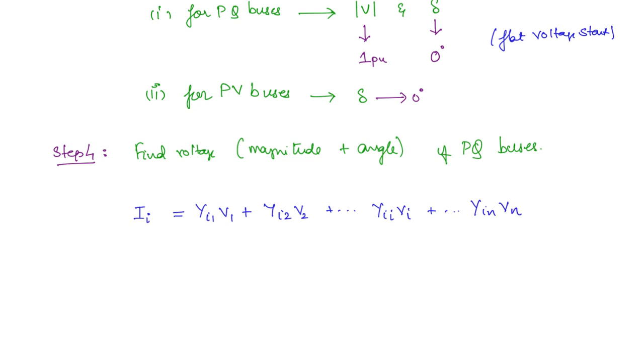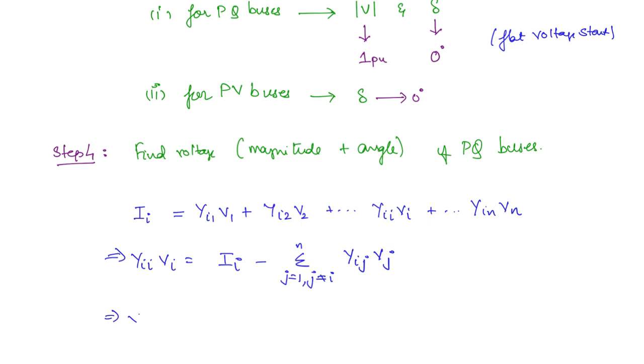Now this term Yii Vi, we want the voltage at the ith bus, so we will take this term to one side and all other terms we can write on the other side. So this is equal to Ii minus the summation over j equal to 1 to n, with j not equal to i, that is all the terms except the value where j is equal to i, of Yij Vj.